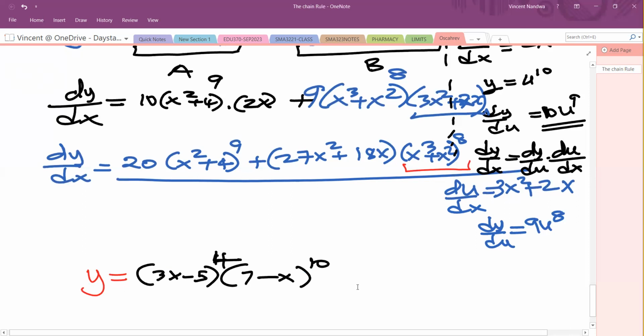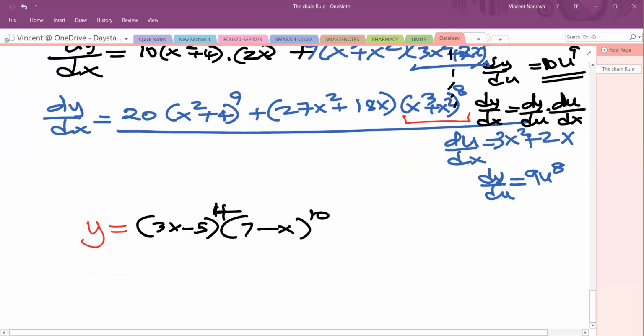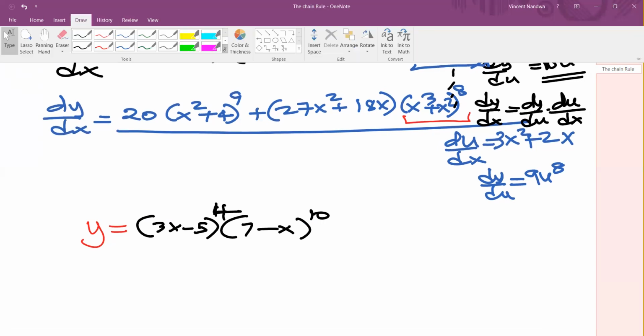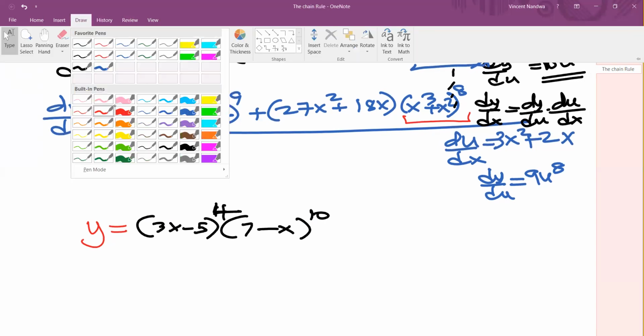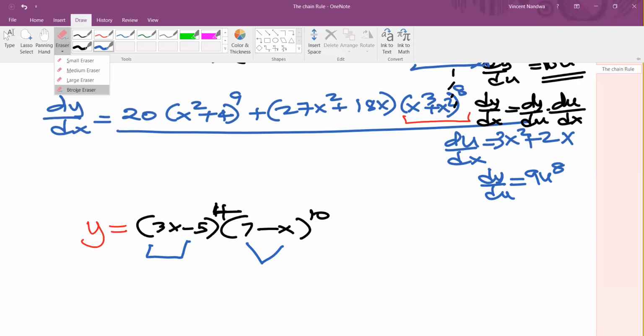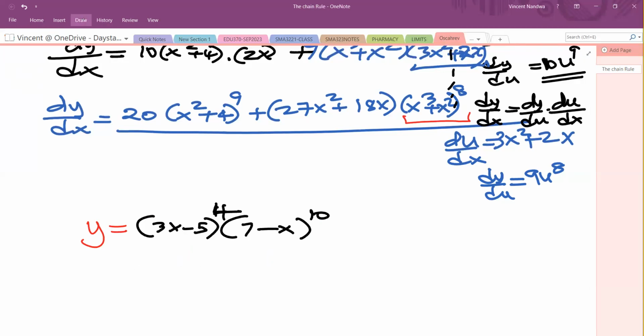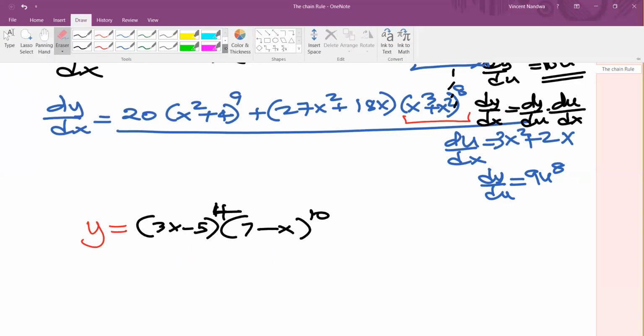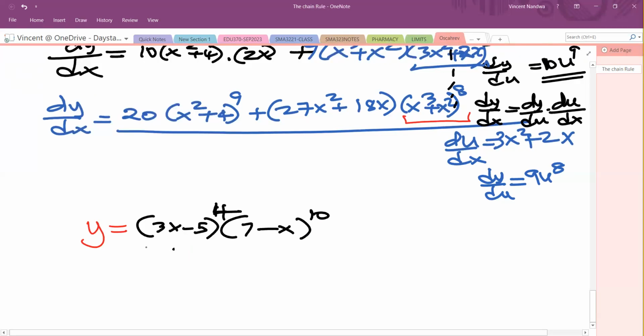So in this problem, you should see that there's a product of 2 functions from the start, like u and v. Or maybe your teacher was using f of x and g of x, so let me stick to the notation of your teacher so that I don't confuse you. So this is the f function, and this is the g function.